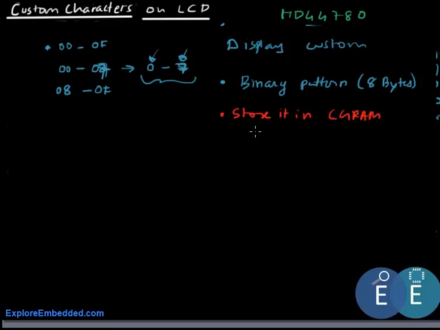For this, register select would be 0 and read write would be 0, and the command would have D7 as 0 and the next bit as 1, followed by the address. 6 bits would be the address.